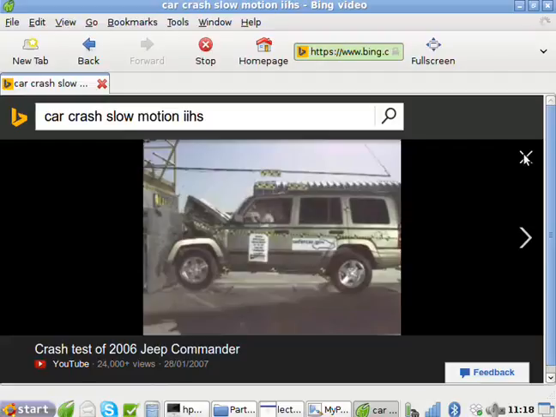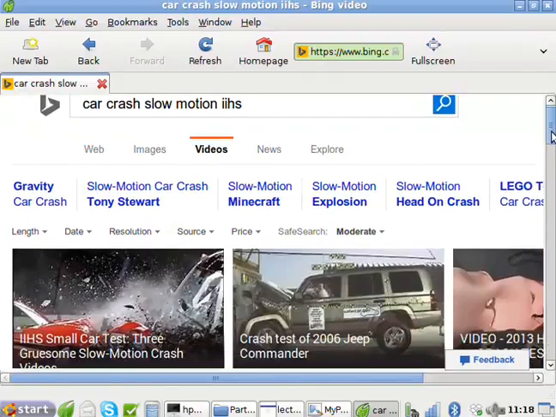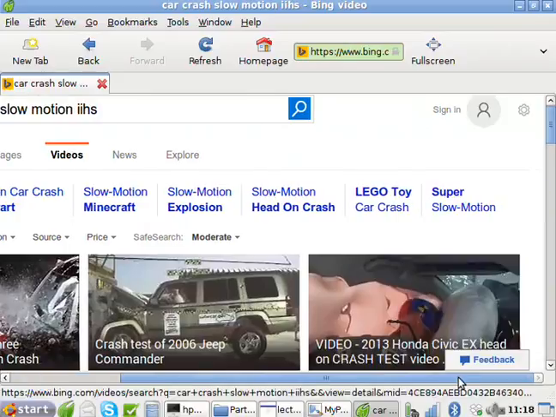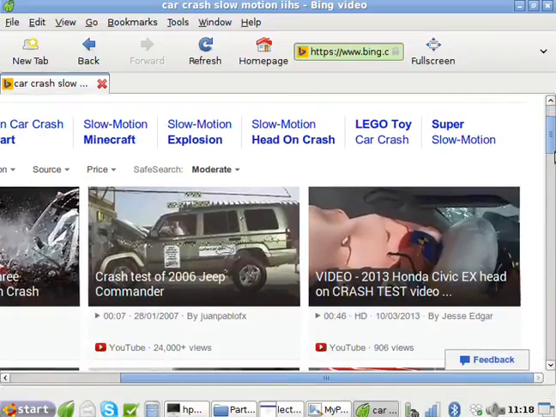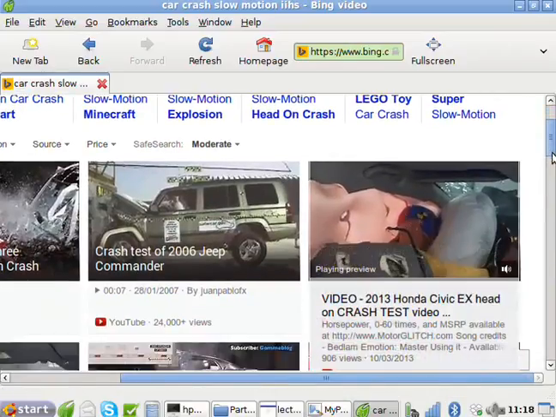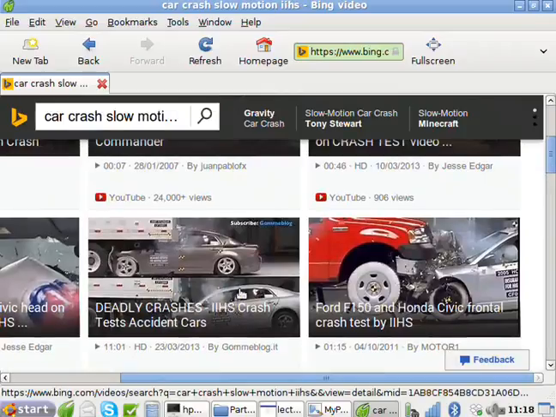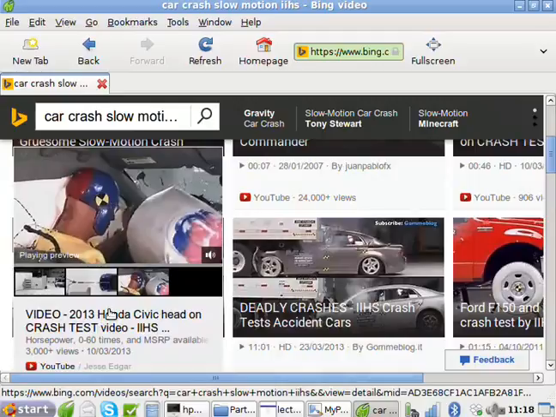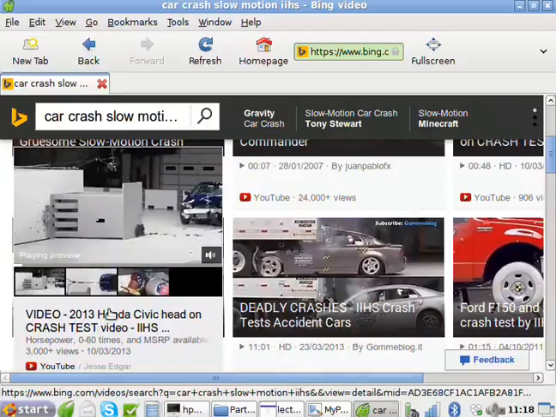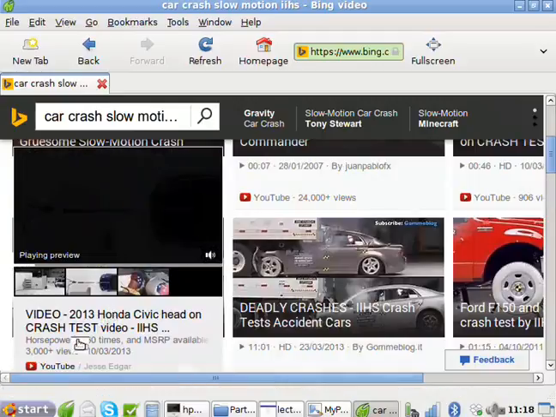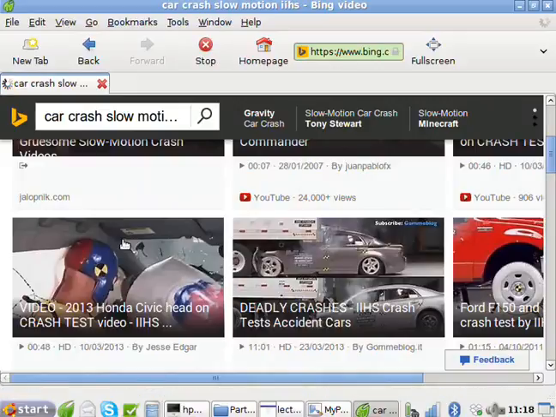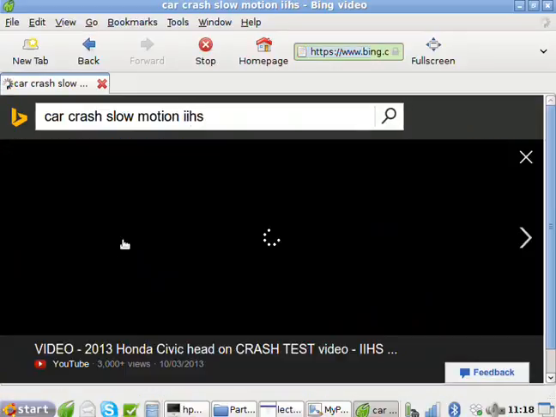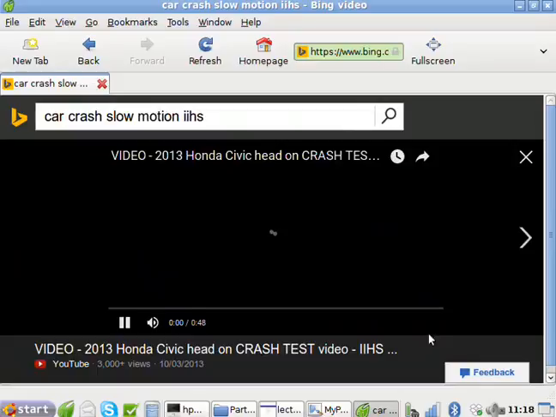Yeah, this is what we're talking about. But this one goes under the lorry. You see, it's crashing under the lorry. This is some stupid long video. I don't want that, I just want a short one. Then go to IIHS.